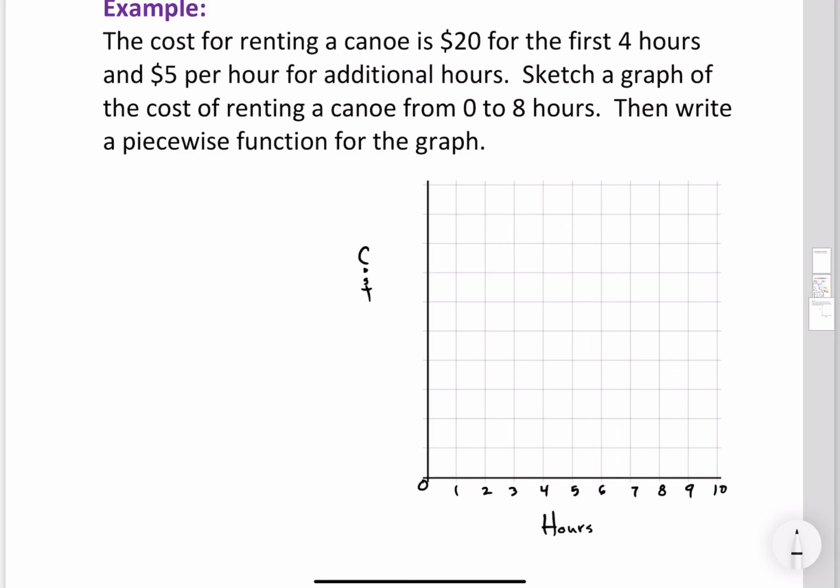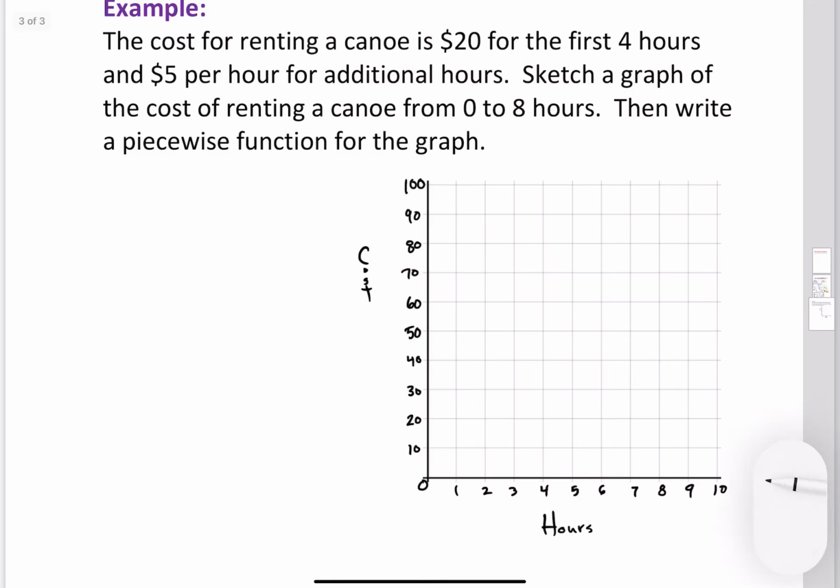And remember, we're only graphing between 0 and 8 hours. So I'm going to stop at that 8. And then we know we started off with $20. So I'm going to count by tens here. So 10, 20, 30, 40, 50, 60, 70, 80, 90, and $100.